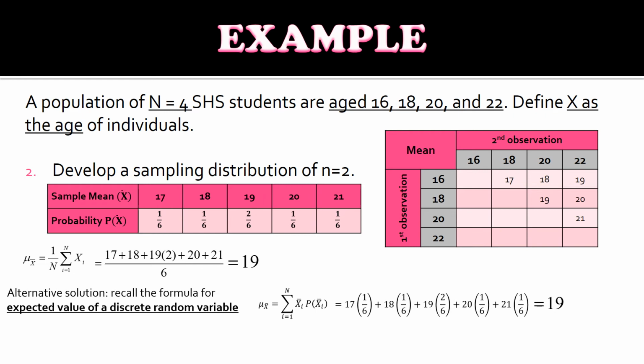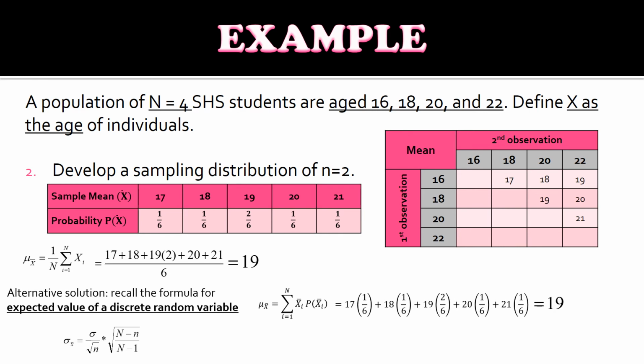And for the standard deviation of the sample, we would be using the formula for the standard error. So we have the population standard deviation divided by the square root of the sample size, times the square root of the population size minus the sample size divided by the population size minus 1.